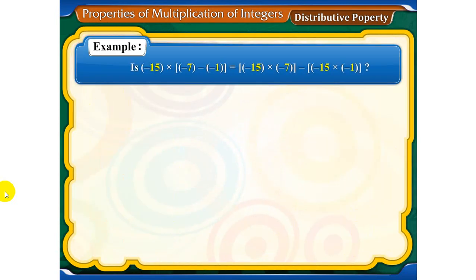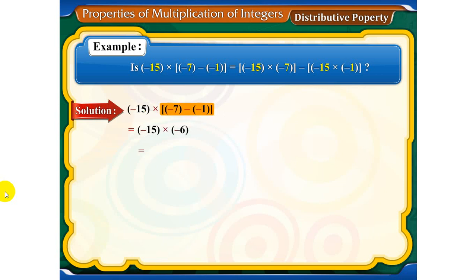Example. Is negative 15 into (negative 7 minus negative 1) equal to negative 15 into negative 7 minus negative 15 into negative 1? Solution. Negative 15 multiplied by (negative 7 minus negative 1) is equal to negative 15 multiplied by negative 6, which is equal to 90.